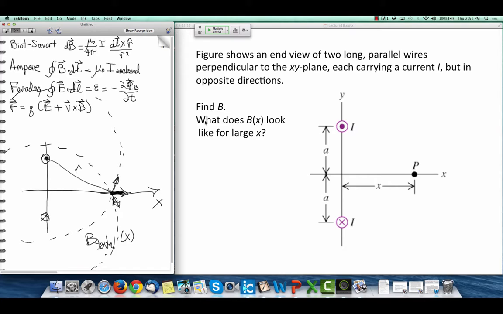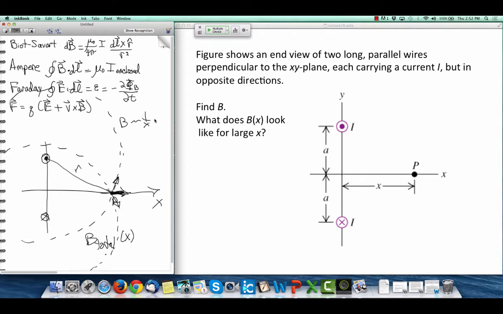We're looking for how does it vary with x? Does it drop off linearly? Or, if it drops to 0, does it go like 1 over x? That drops to 0 when x goes to infinity.